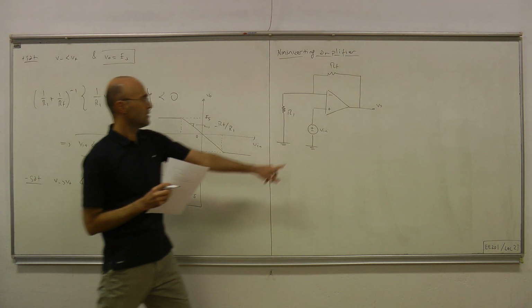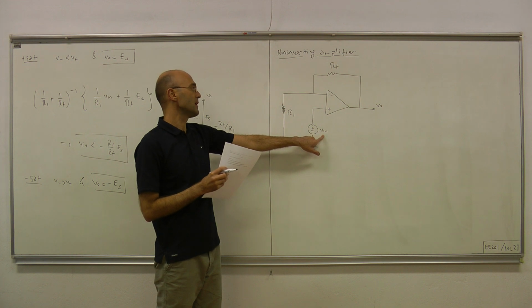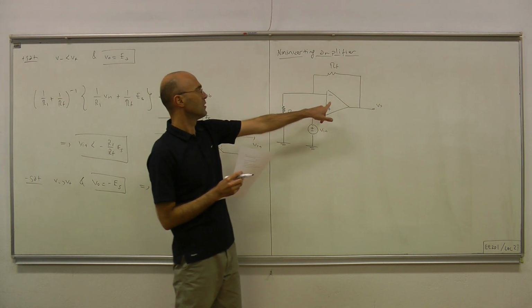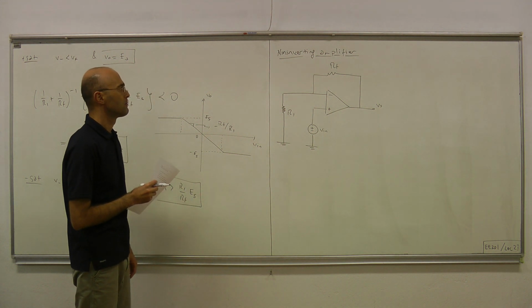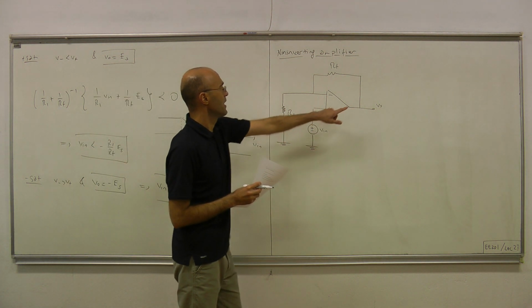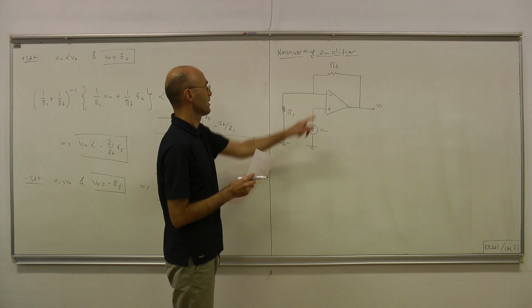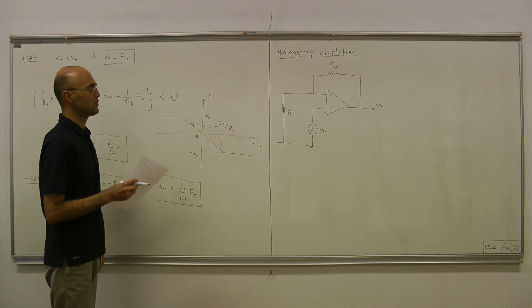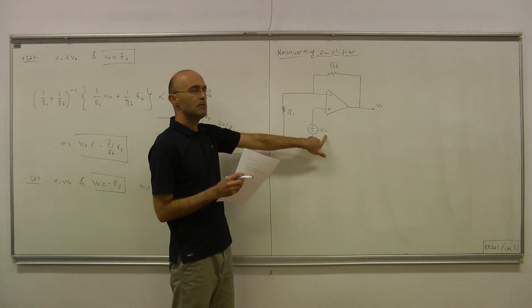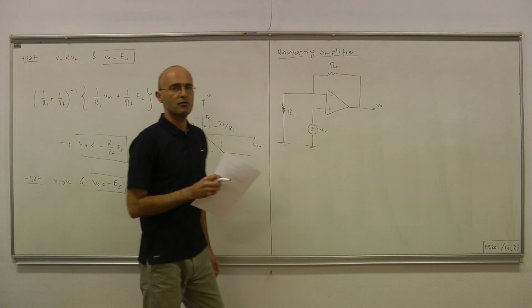This is the topology. Input now is being applied to the op-amp at the non-inverting input, and again we have some feedback connection, and the other end is connected through R1 directly to ground. Let's figure out the relation between input voltage and output voltage for this circuit.